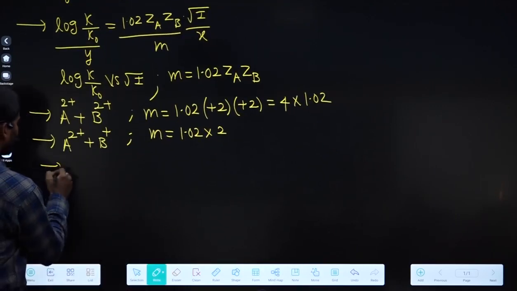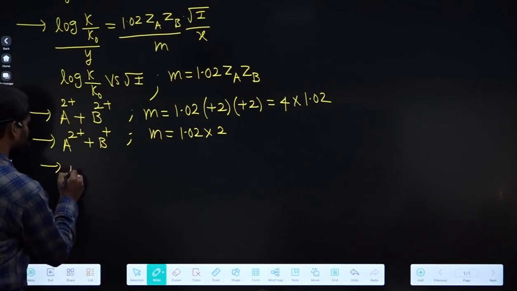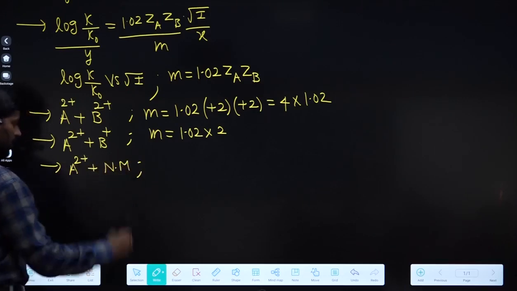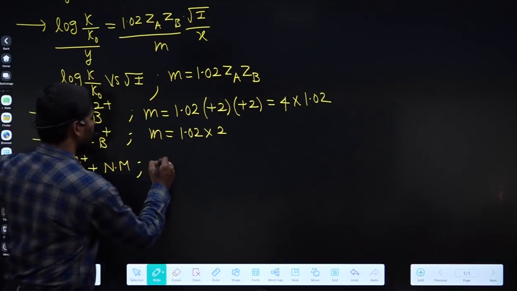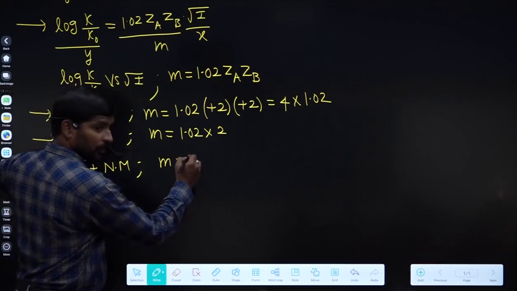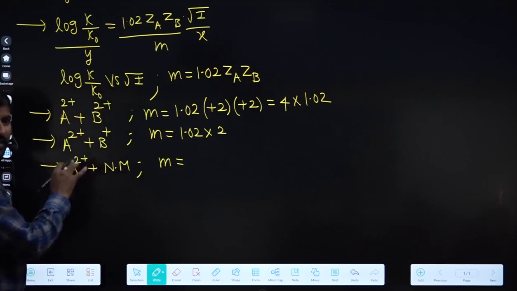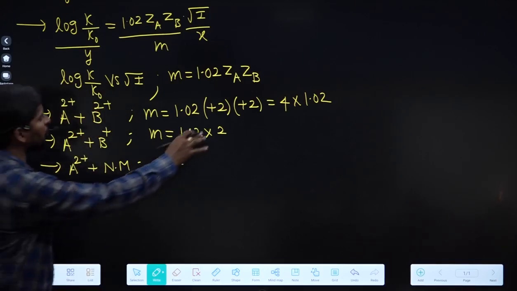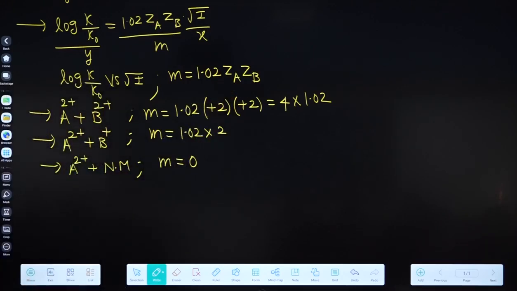For example, if you take a reaction involving species like A2 plus plus a neutral molecule, then what about the slope? ZB is 0, because the charge on a neutral molecule is 0. So 0 into something is 0. Slope is 0.